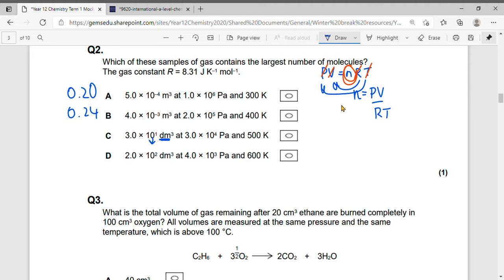So here it's 0.02. And finally, the last one, well, we need to change this again. 10 power 2 times 10 power -3 is 10 power -1.